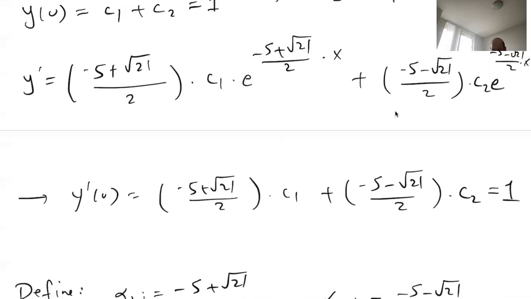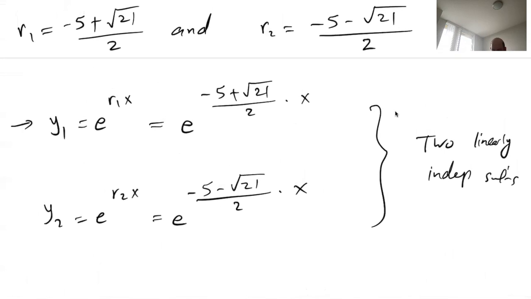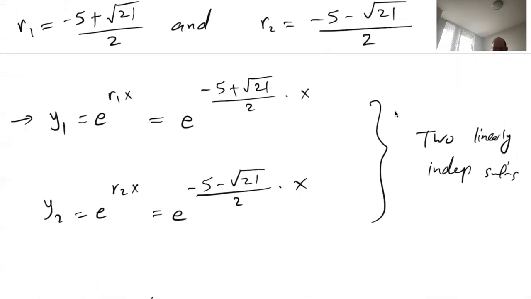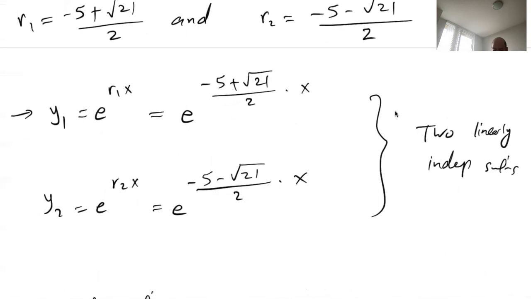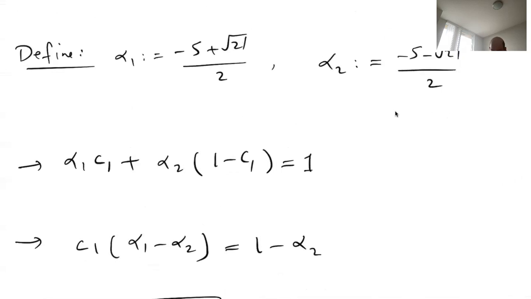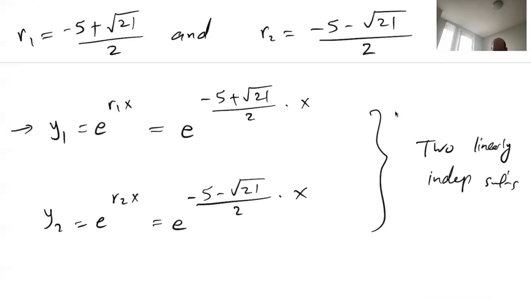Here I called it alpha 1, but earlier I called them R1 and R2. So let me be consistent, because my alpha 1, alpha 2 are the same as R1, R2. Just to be consistent, let me leave them as R1 and R2, because previously I called these numbers R1 and R2.